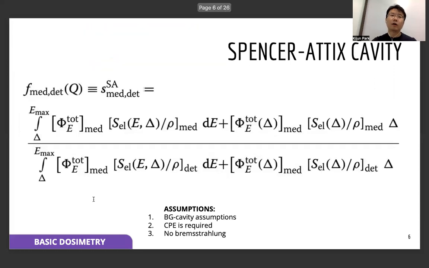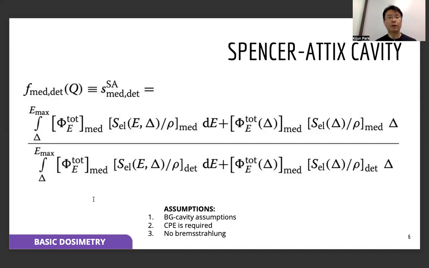Further on, we want to take into account the delta ray effect. Once delta ray equilibrium breaks down, we have to introduce the restricted stopping power instead of the unrestricted stopping power, which is called the Spencer-Attix cavity theory, written here.